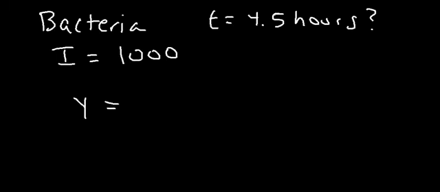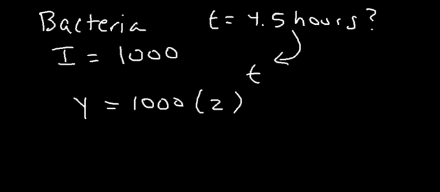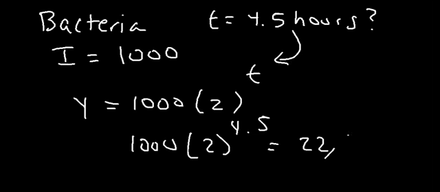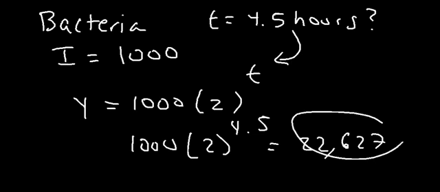So first, you need to write an equation. It's going to be 1,000 times 2, because it doubles every hour, raised to the t. And then all you've got to do is plug in 4.5. So 1,000 times 2 raised to the 4.5. And you should get 22,627. That's going to be the size of the population.